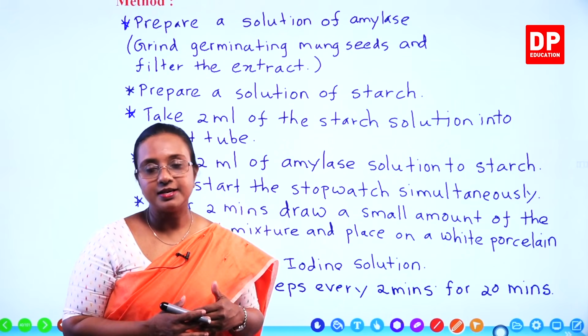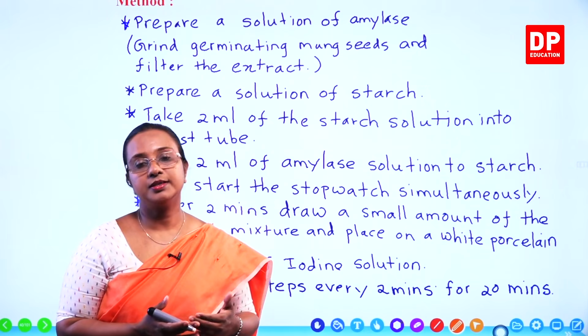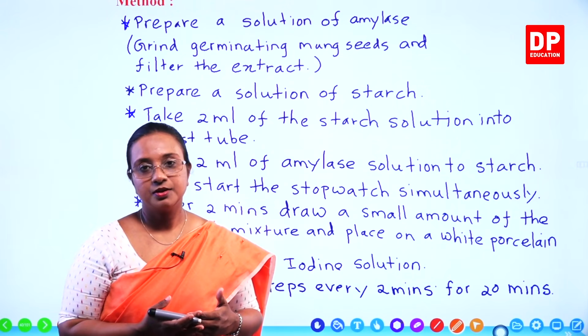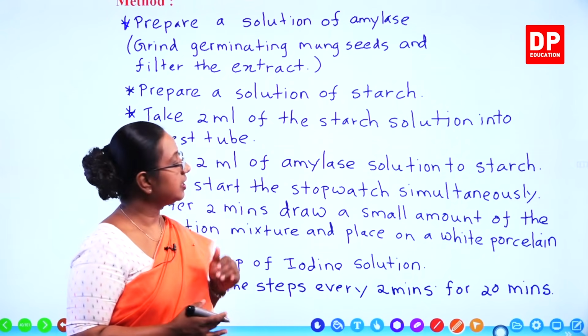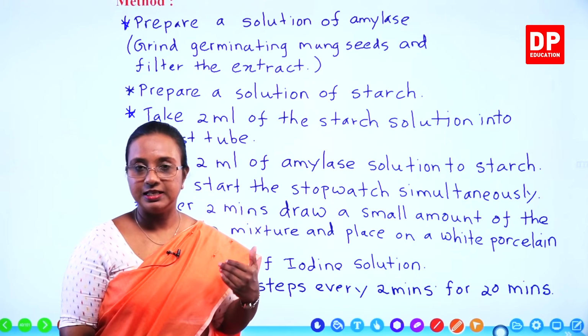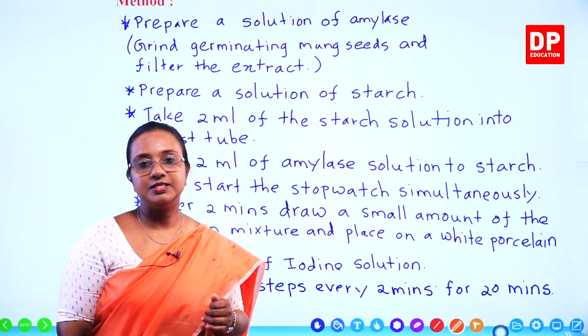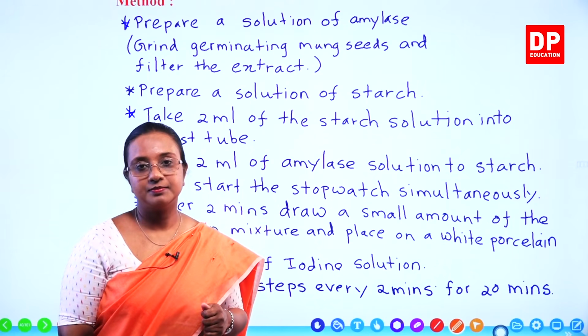Then you can understand how an enzyme acts on a substrate. So students, you have understood the steps of this activity clearly. So let's do this activity in the lab.